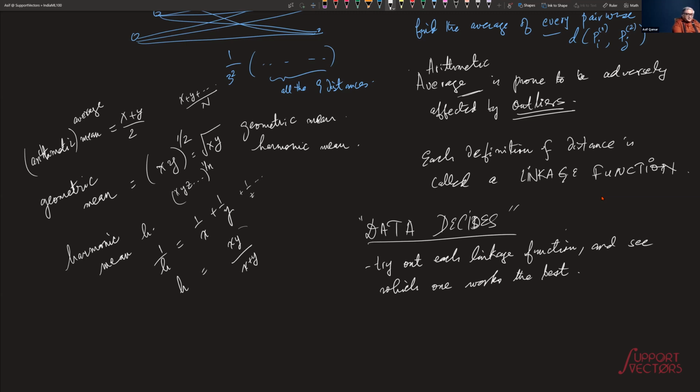Now, hierarchical clustering, though, is more expensive than K-means clustering. The reason it is more expensive is because it requires a lot more computation. It's very computationally heavy. Well, in today's world, of course, we don't care so much unless the data sizes are huge.